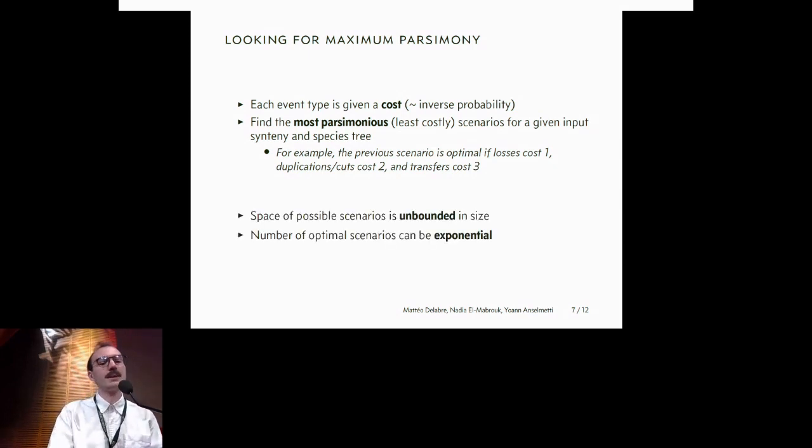The problem is that the space of possible scenarios is actually unbounded in size, because we can always transfer back and forth between species and create even larger and larger scenarios. And even if we restrict to only optimal scenarios, the size of that can be exponential.